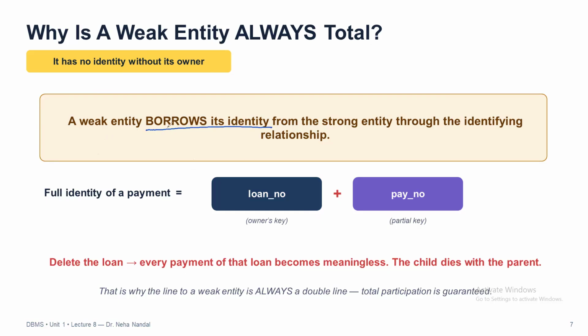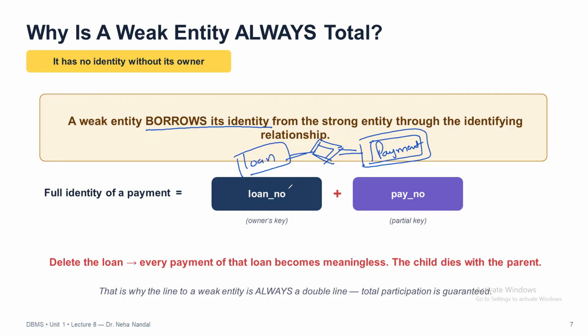It borrows from the strong entity. Your strong entity is loan and your weak entity is payment. So it is borrowing from the loan. This is a strong entity, this is a weak entity, with the help of the identifying relationship.